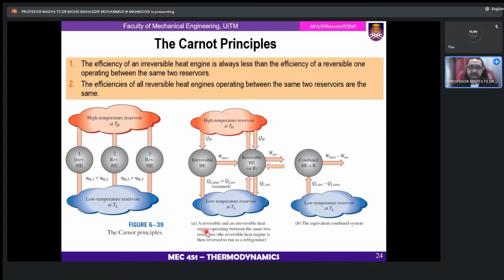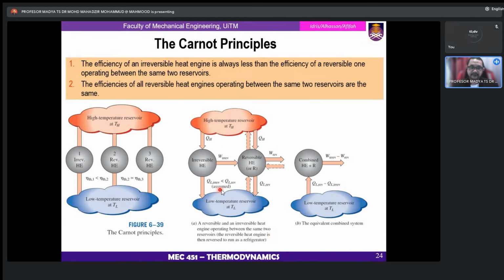So a reversible and an irreversible heat engine operating between the same two reservoirs, the reversible heat engine is then reversed to run as a refrigerator.